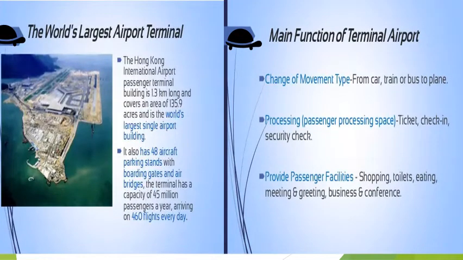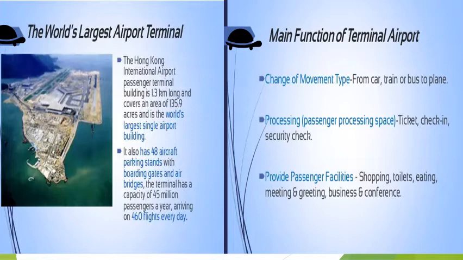The world's largest airport terminal can be seen at Hong Kong International Airport. It is spread over 135.9 acres, and it can accommodate 48 aircraft in parking stations, and the terminal has a capacity of 45 million people.